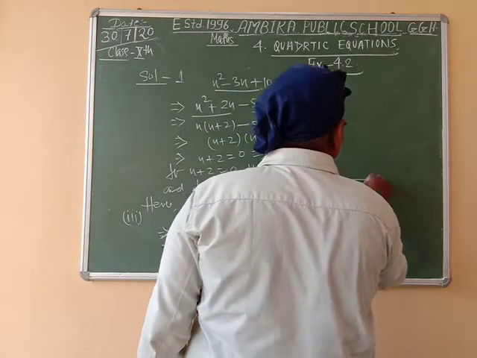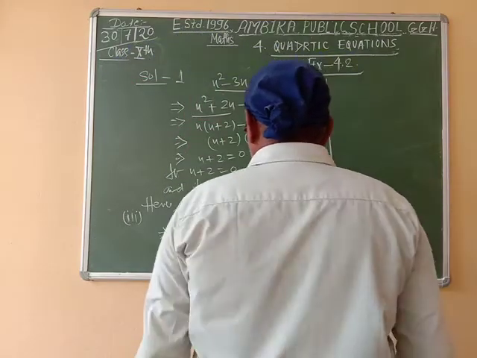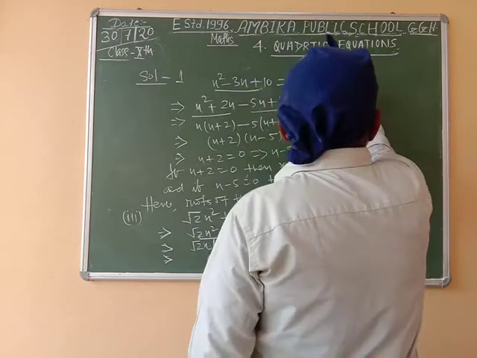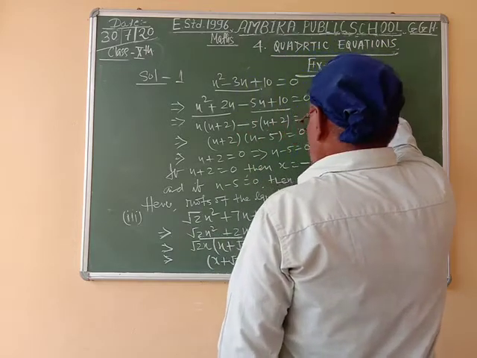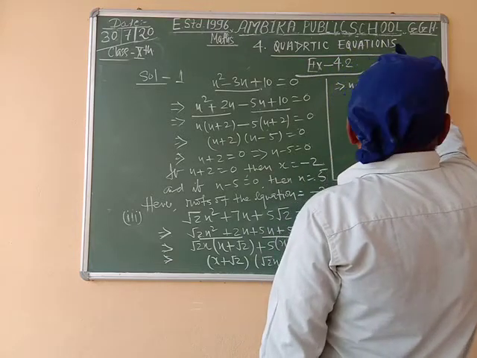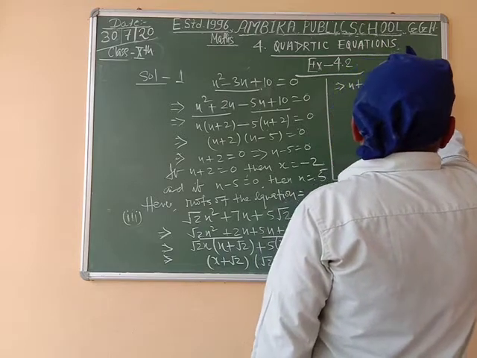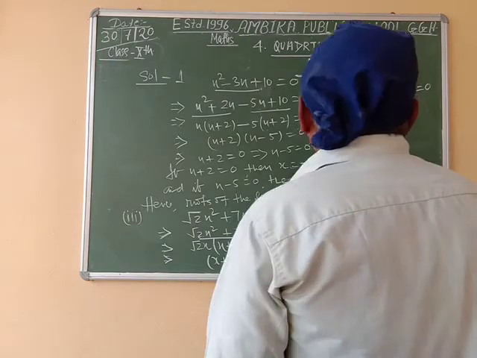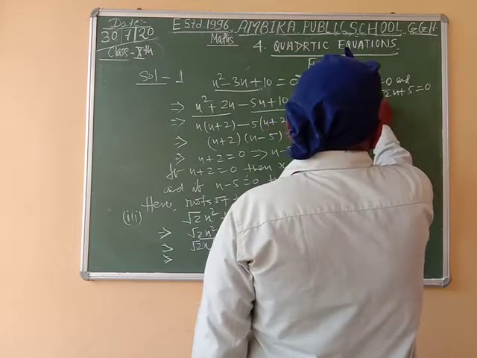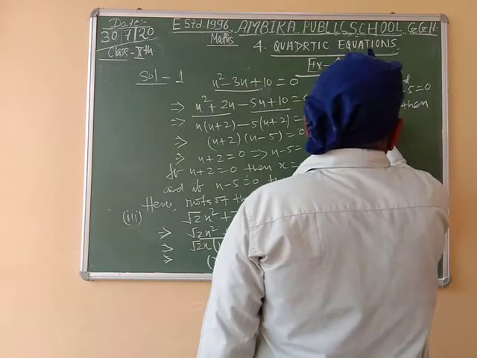Here the product is 0. Therefore x plus root 2 is equal to 0, and root 2x plus 5 is equal to 0. If x plus root 2 is equal to 0, then x is equal to minus root 2.